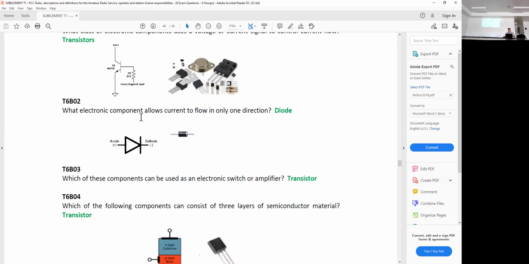What electronic component allows current to flow in only one direction? And that's the diode. The diode is an amazing device because, when you're talking about power supplies, our mains voltage coming in from the power plant is an alternating current signal.